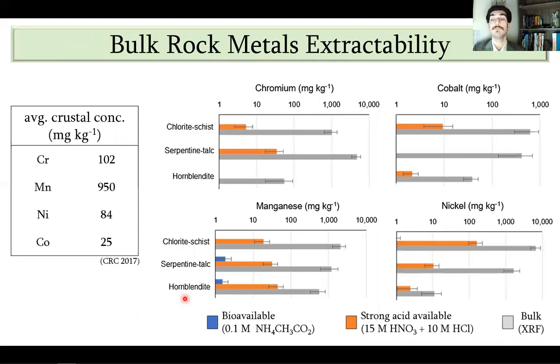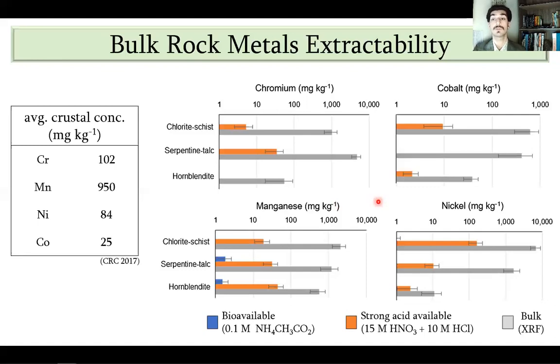However, a very small component of those, as shown here in blue, is actually bioavailable, which implies that our water quality and our local metal release doesn't immediately pose a threat to biologic uptake or organisms. However, a significant amount of these metals are strong acid available or extractable. So they have the potential to be weathered out in subsequent years.